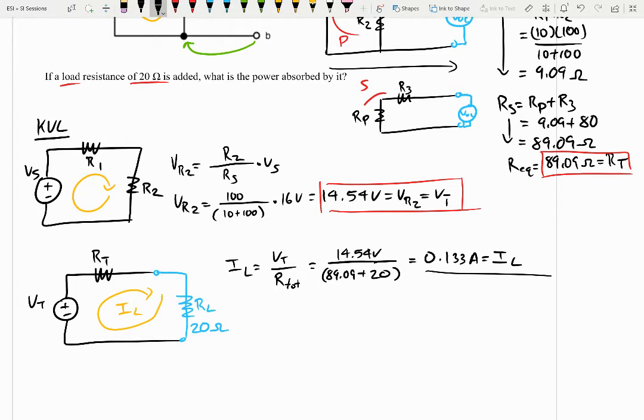The reason why we're doing all this is because we need two pieces of information. We're looking for the power absorbed by this load. So the power is equal to VI. Well, we now found I. Great.